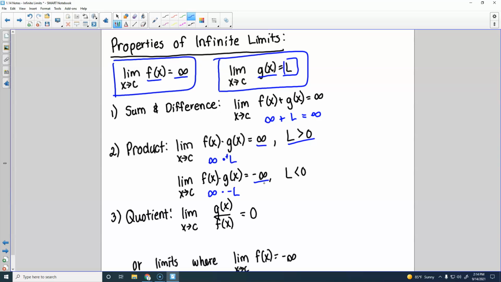If you just multiply by like a negative 1, instead of going to positive infinity, now it's negative infinity. These are multiplication, because this one's for L less than 0. So that's a negative L there. It's a negative value.